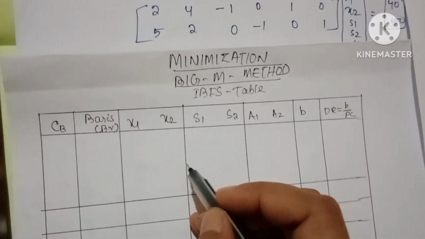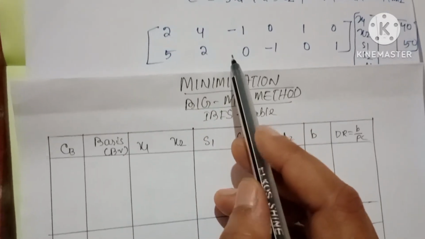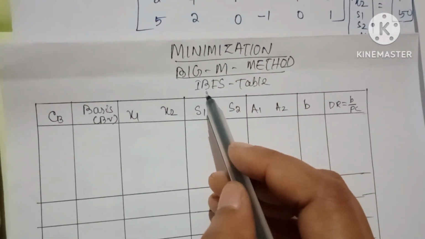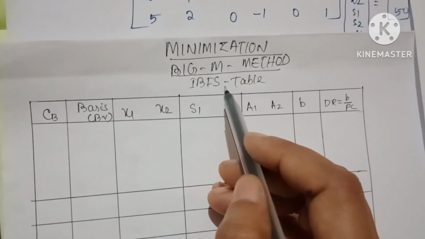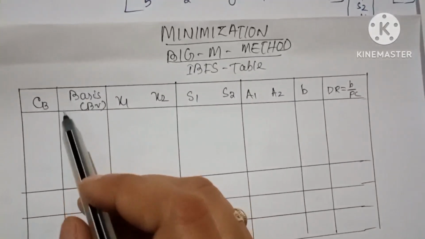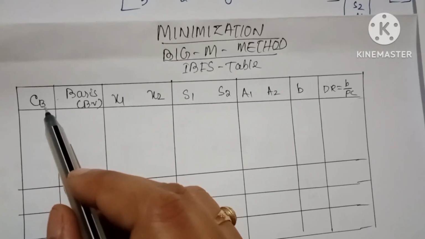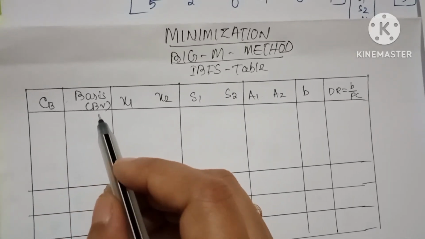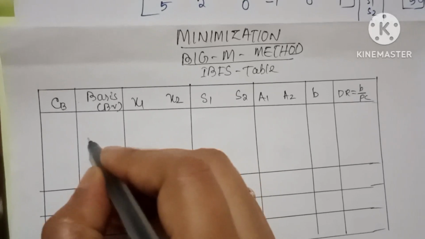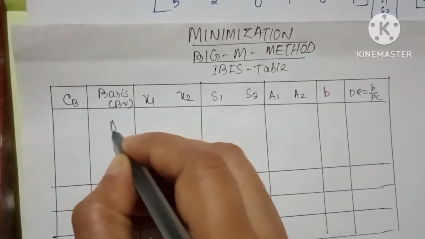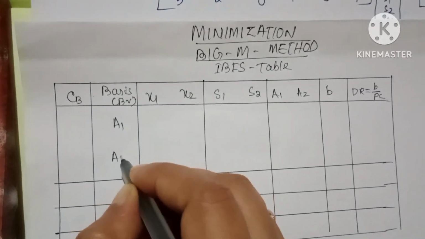From the above information, we will now formulate the initial basic feasible solution table. Here CB represents the coefficient of the basic variable, and in the basic variable column we take the artificial variables a1 and a2.